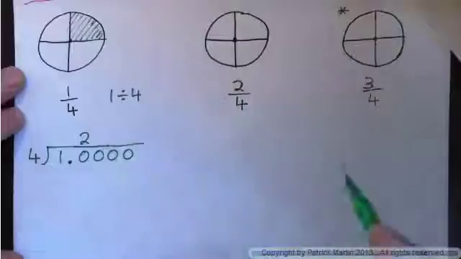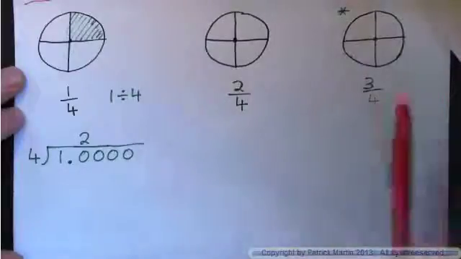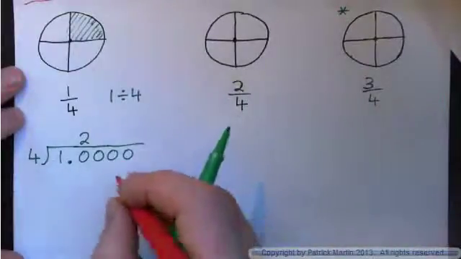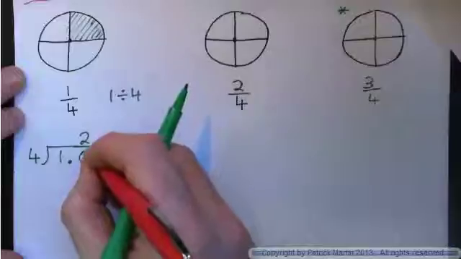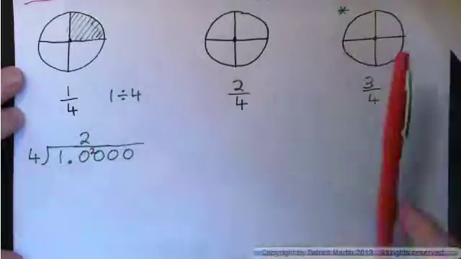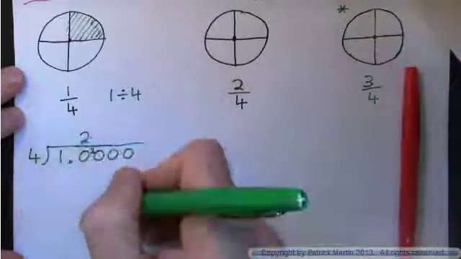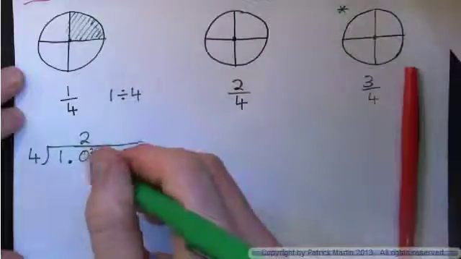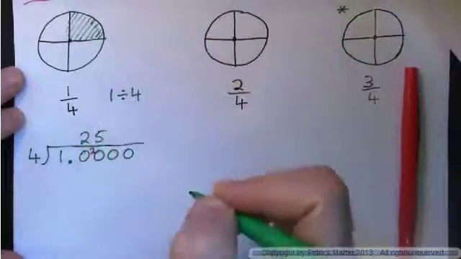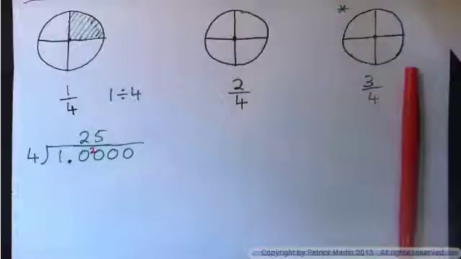And then you bring the 0 down, then 4 into 20. In these small ones I like to put the remainder up here. And then I just go 4 into 20 goes 5 times.